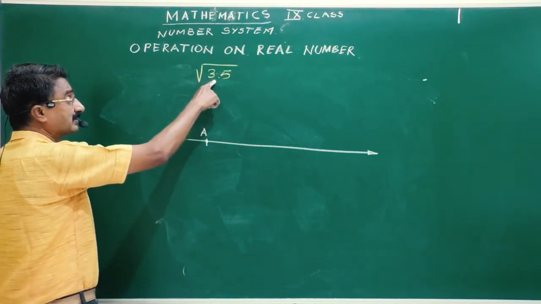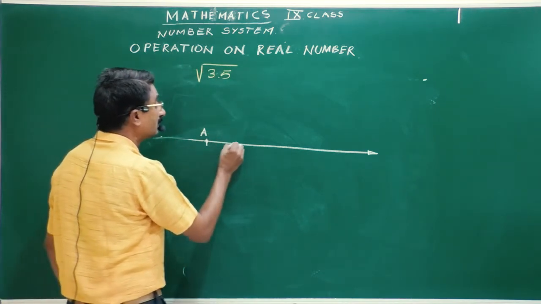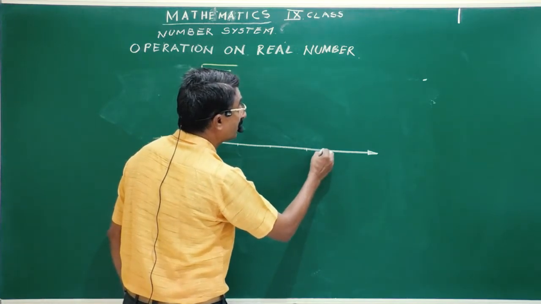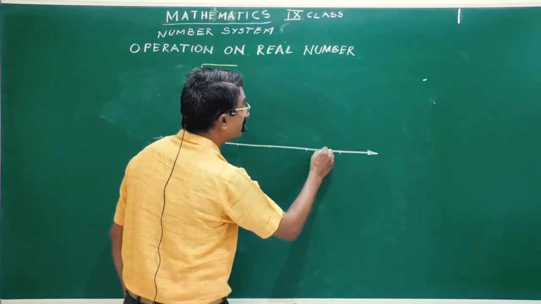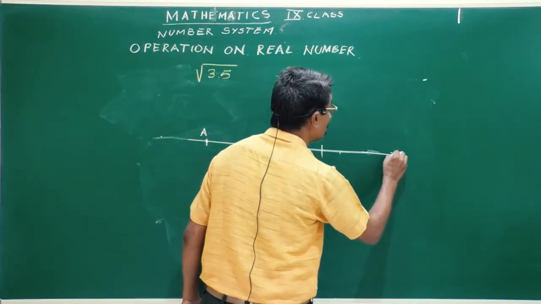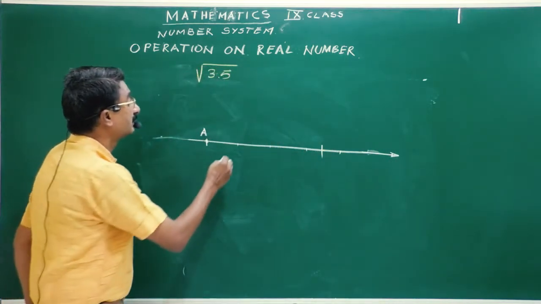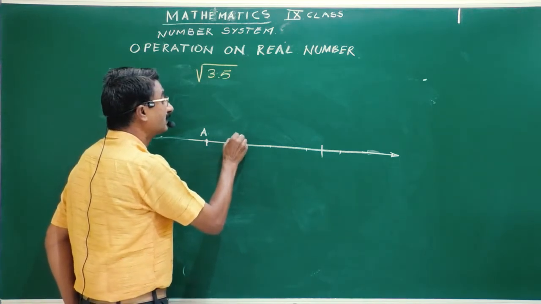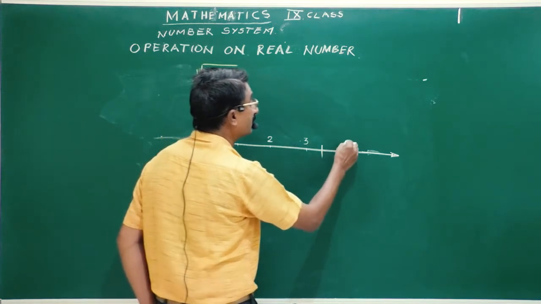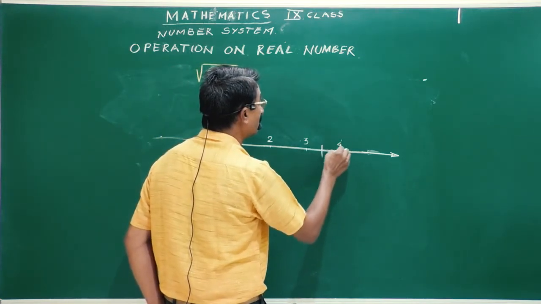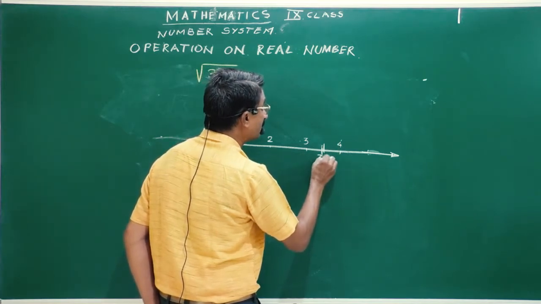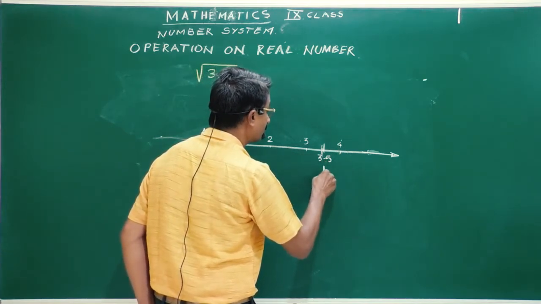Measure the distance 3.5. Say this is 1, 2, 3, and this is 4. We need 3.5, so this is 3.5.